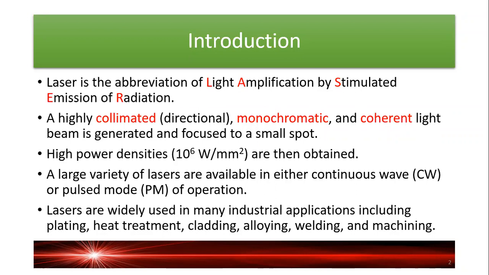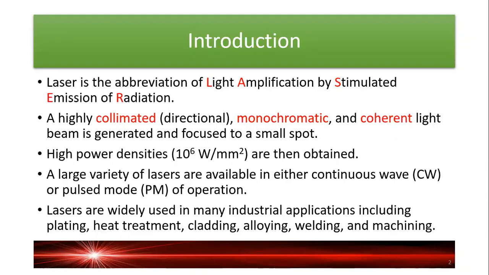monochromatic. So compared to regular light, which consists of many different lights, laser is monochromatic. So it has a specific light for a specific element. And a coherent light beam is generated and focused to a small spot.